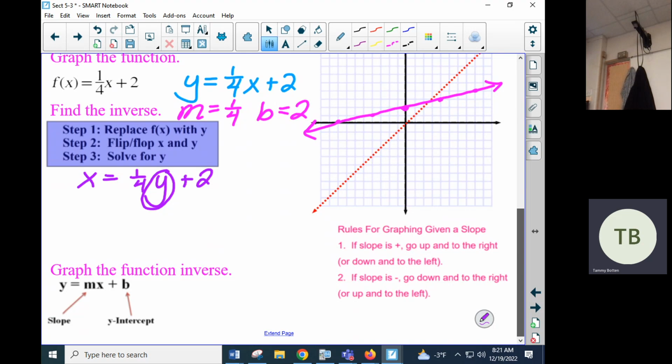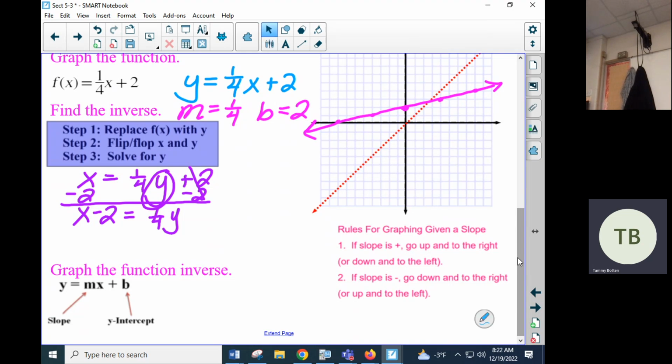So we have to get it in the terms where it's y equals mx plus b so we can graph it. So what I'm going to do is subtract 2. I'm going to get rid of that 2 first. And I have x minus 2 equals 1/4 y. Okay, then what I have to do is get rid of that 1/4 in front of that.